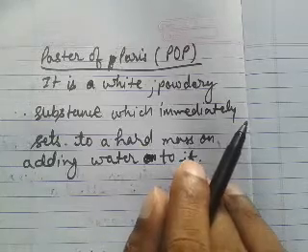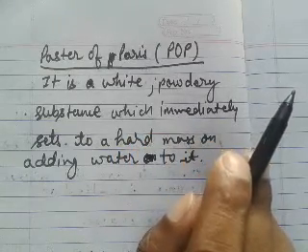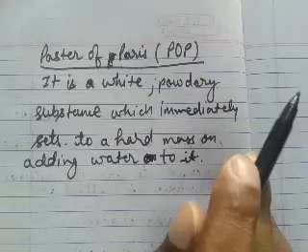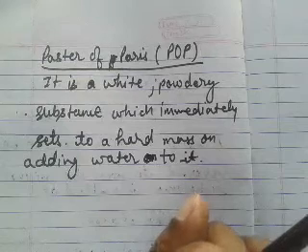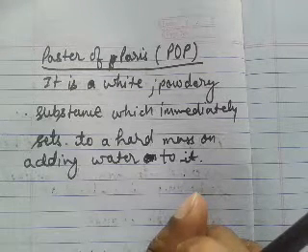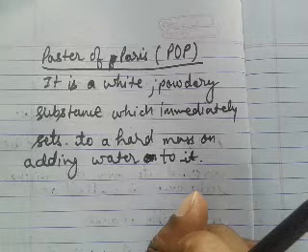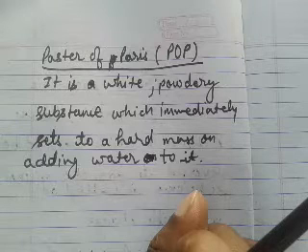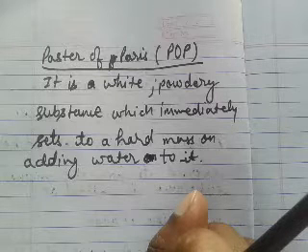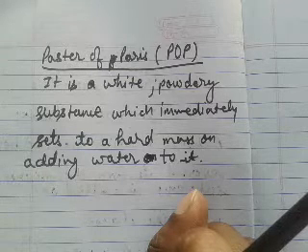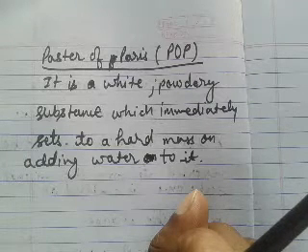So why do we call plaster of Paris or POP an irreversible change? The setting of it on mixing water is an irreversible change, because once a thick coat of plaster of Paris is applied over the fractured bone of a person, the POP sets and becomes hard on drying and keeps the fractured bone in place to join together.